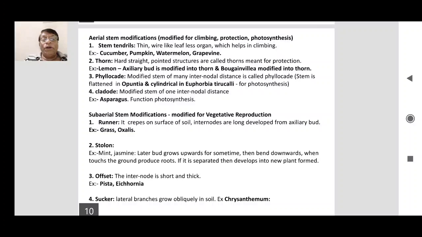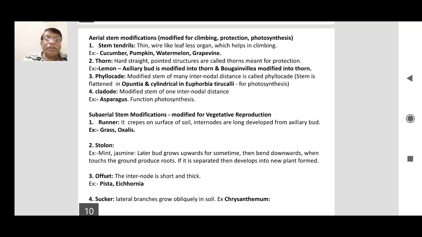Stolon. What is the difference between stolon and a runner or offset? In case of stolon, example, mint, pudina, jasmine, malge. The lateral bud grows upwards for some time, then bends downwards towards the soil.